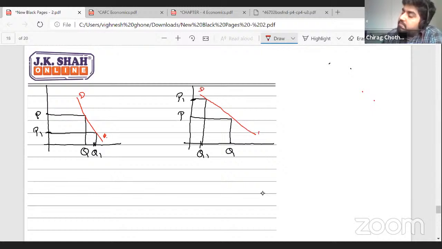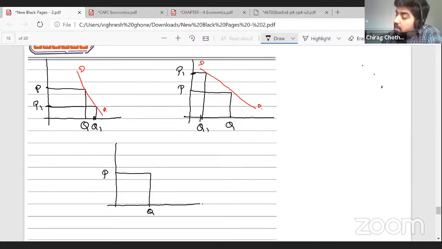Are you getting this? Now, if I want to show both the cases in a single curve, is that possible? Yes, of course it is possible, right? This was our original price and quantity, P and Q, yes or no? Now, the next price and quantity which I've just explained will be this one, P1 and Q1, and the next one will be P2 and Q2. So let's suppose this one, right?